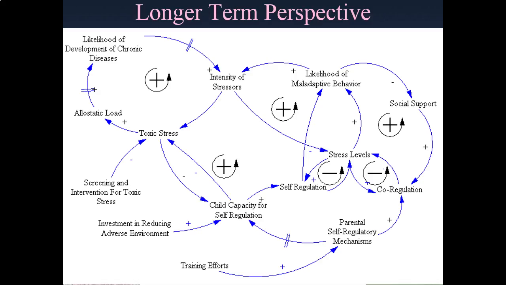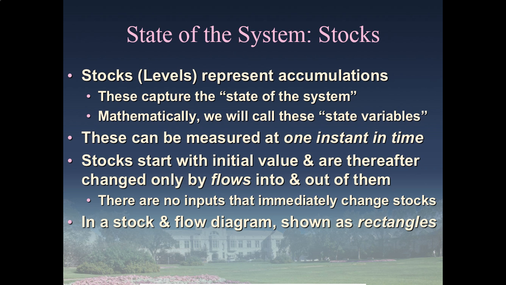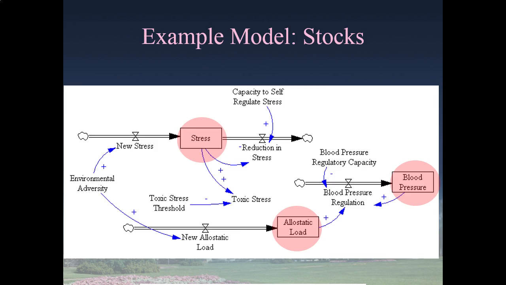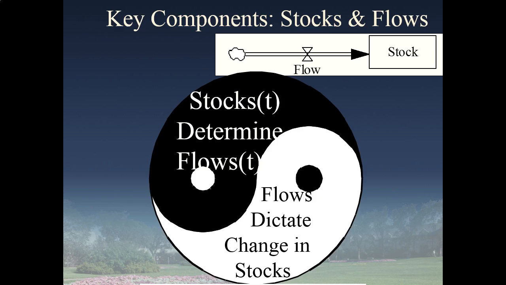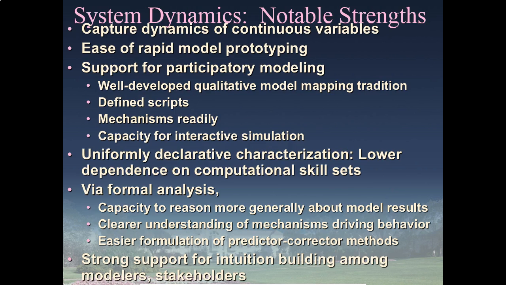So causal loop diagrams are a big feature of system dynamics, and system dynamics as an approach tends towards somewhat simpler models, very quick to execute, which can be run interactively with stakeholders and are discussed with stakeholders on an ongoing basis. So it supports really rapid model prototyping and participatory modeling.